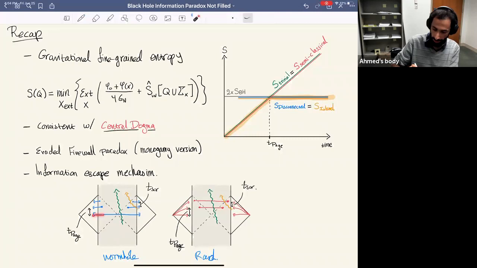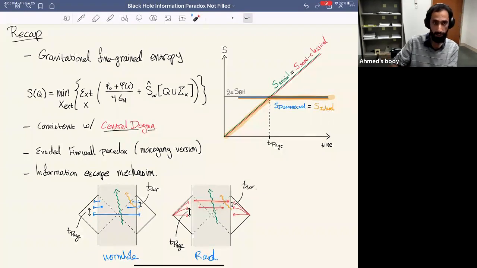Initially, the entanglement wedge of the wormhole contains an entire Cauchy slice, but then it breaks up at some point once you evolve for a little bit of time. For the radiation, at first, the entropy is just given by the entropy of these regions. This is the entanglement wedge of the radiation. But after some time, it develops an island, and then the interior of the black hole becomes part of the radiation.